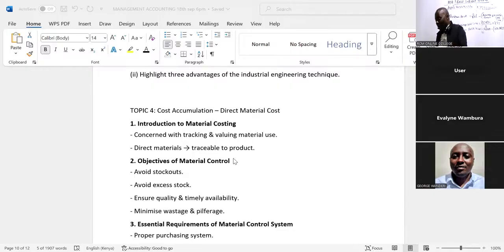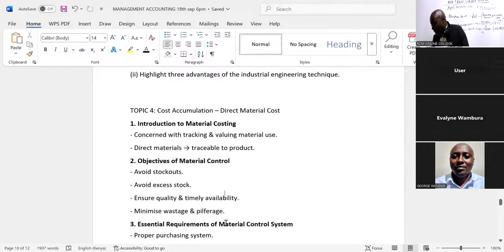Also, excess stock has an effect on what we call perishability. When stock is really excess, there is a high chance it could go bad. Ensure high quality and timely availability. Minimize wastage and pilferage. That is theft. Essential requirements of a material control system.